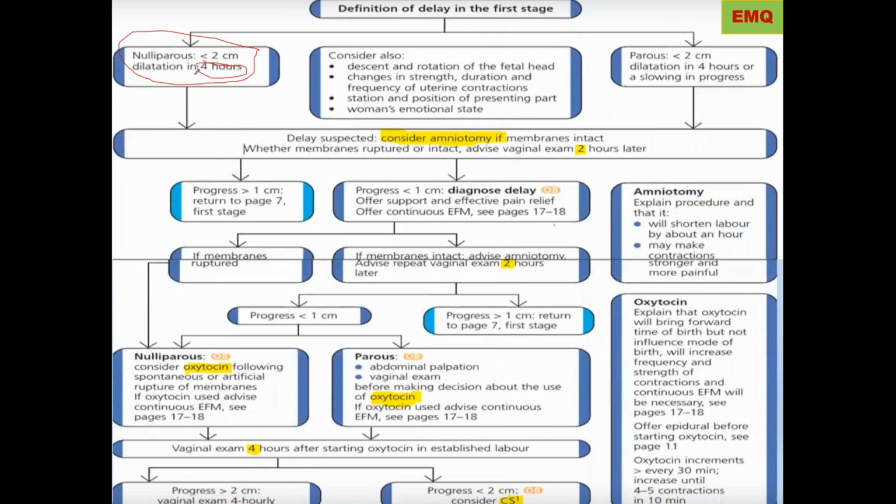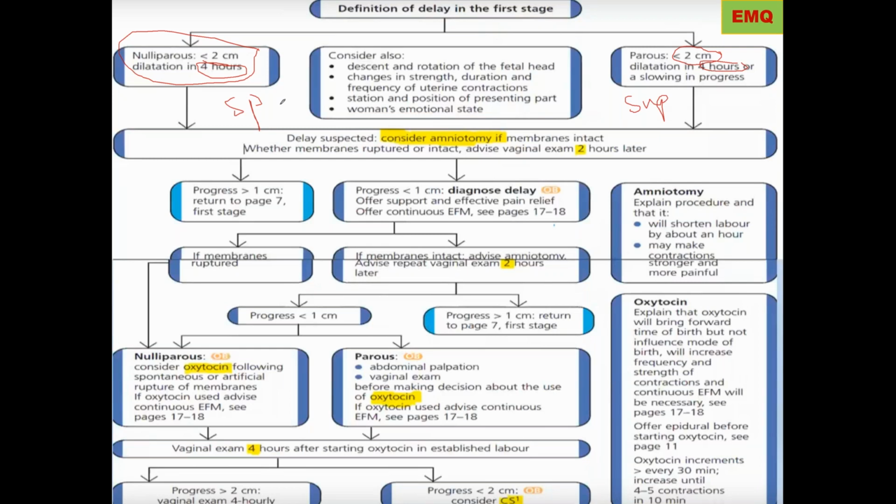In routine VE, you find this less than 2 centimeter dilatation in 4 hours. And in the parous study also is this less than 2 centimeter in 4 hours. So they suspected delay. Also here is suspected delay because in 4 hours we find less than 2 centimeter.